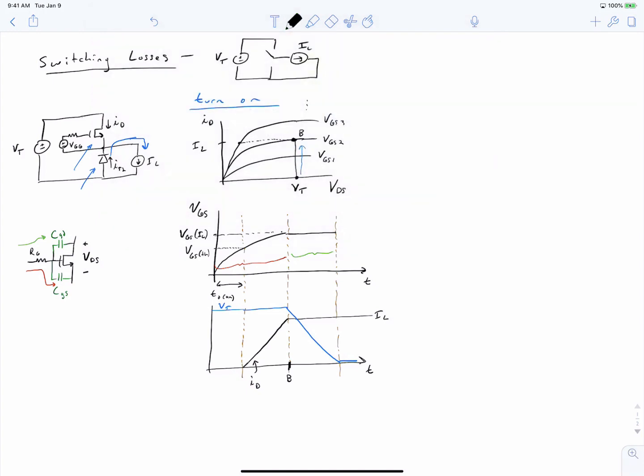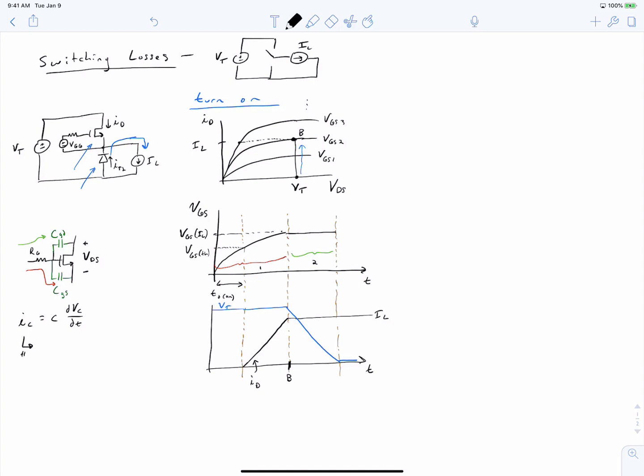And you can actually analyze this based on the equivalent circuit that we've sketched on the side here, where we note that in general for a capacitor, we have this differential equation where the derivative of our voltage is equal to our capacitor current divided by our capacitance. And during this second interval, I'll call this interval 2 and this interval 1.